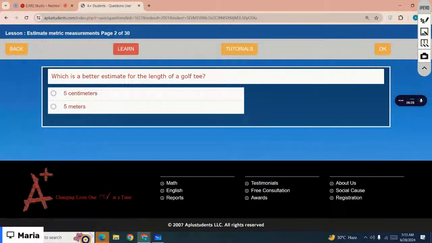Which is the better estimate for the length of a golf tee?